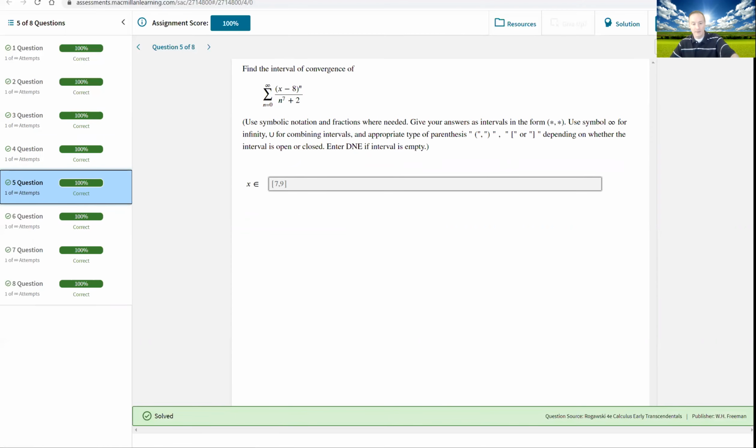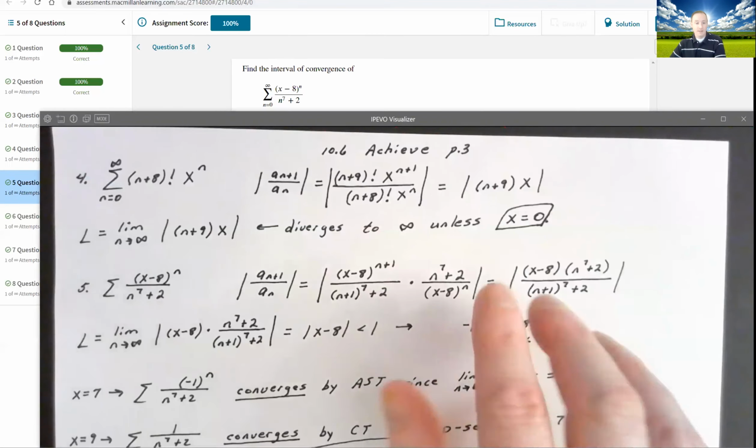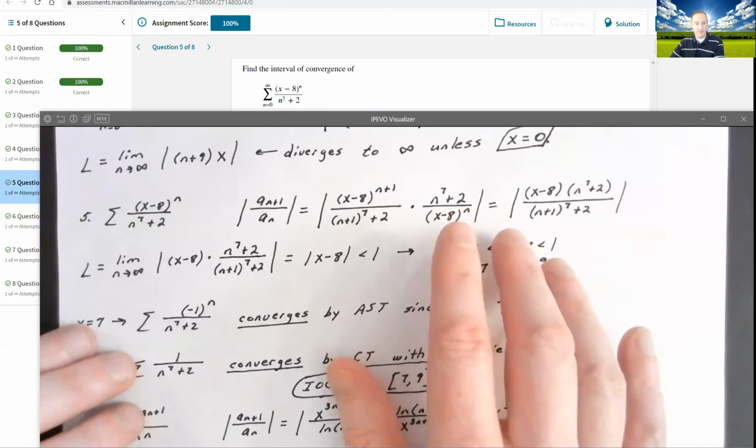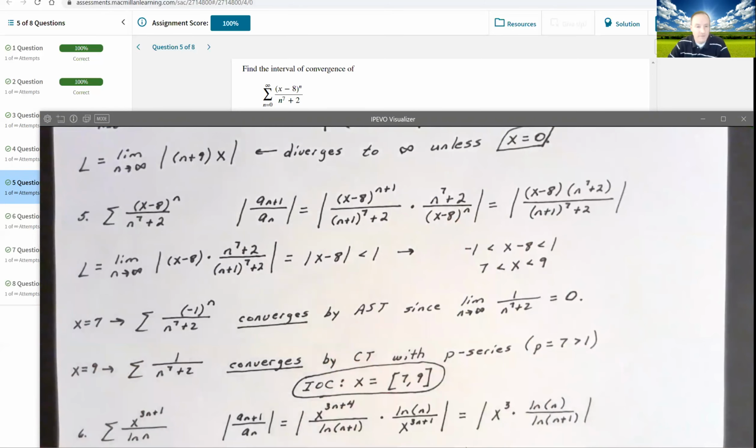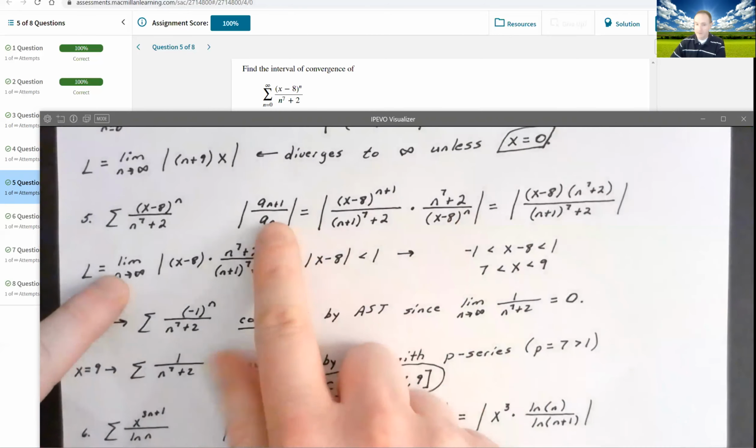I like it when we have an interval that converges, such as number 5, we have that. In number 5, we have the series (x minus 8) to the n power divided by n to the 7th plus 2. All right, so what did I do? Same thing I always do, ratio test.